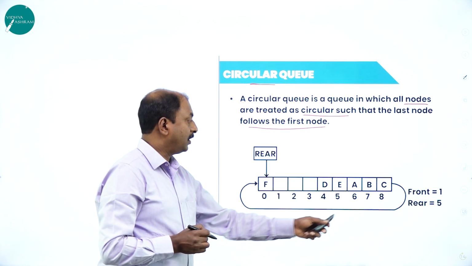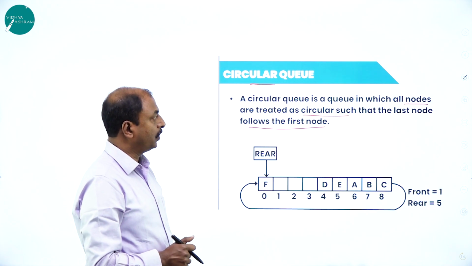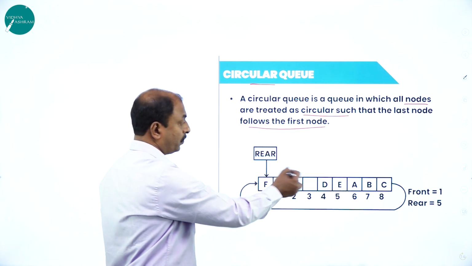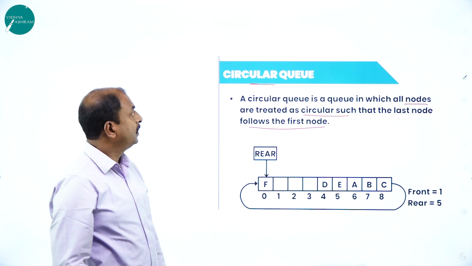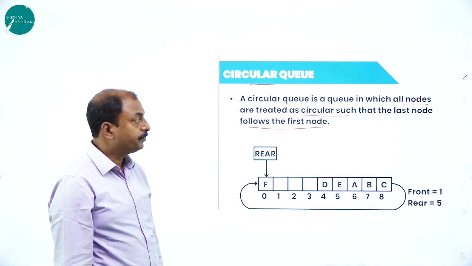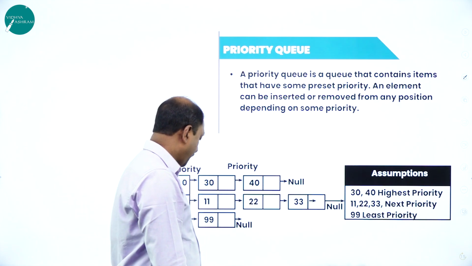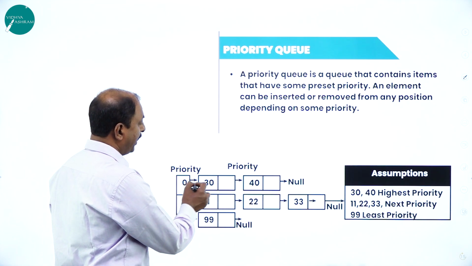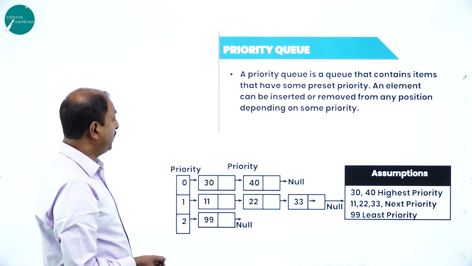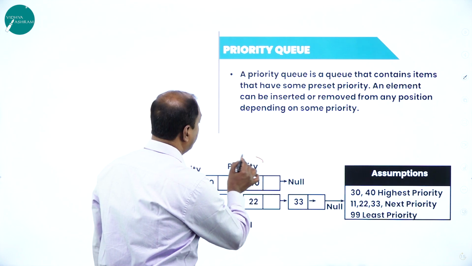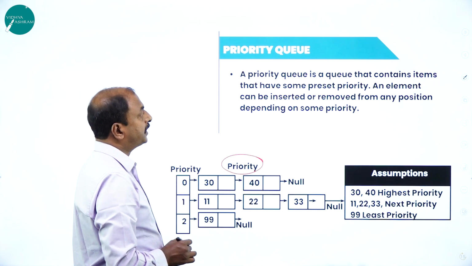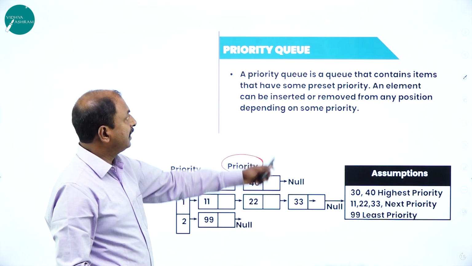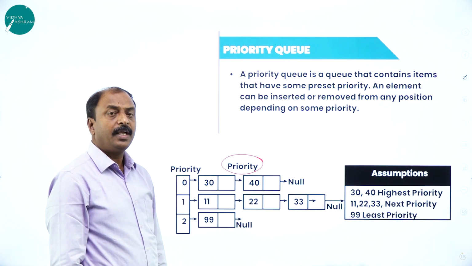So in a circular queue, the last node follows the first node in the form of a circle. In a priority queue, let us assume this is the array and this is the queue. Based on some priority, elements can be removed from any position at any point of time. That is the definition of a priority queue.